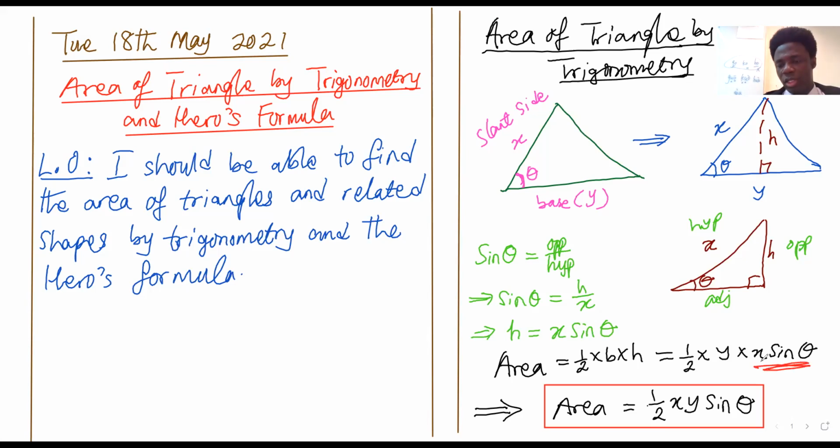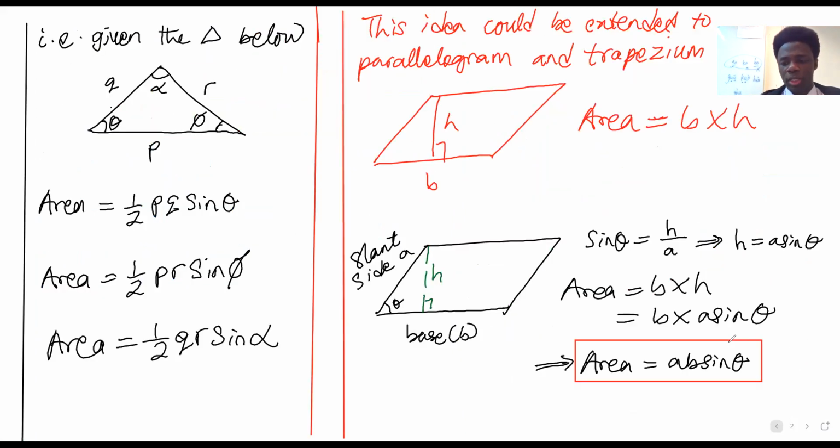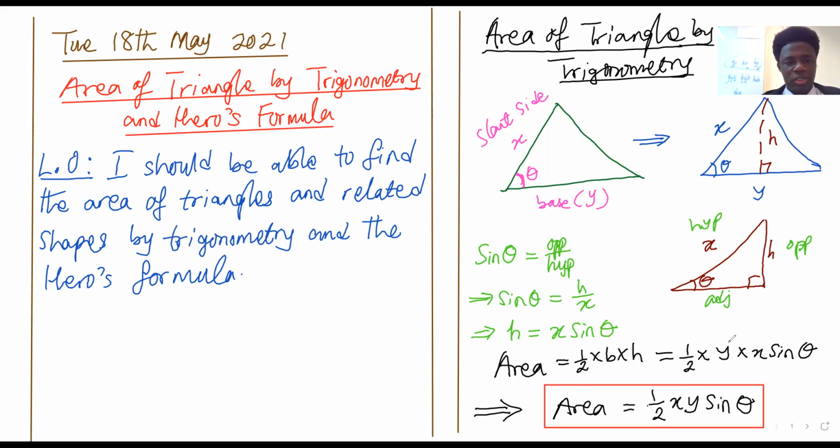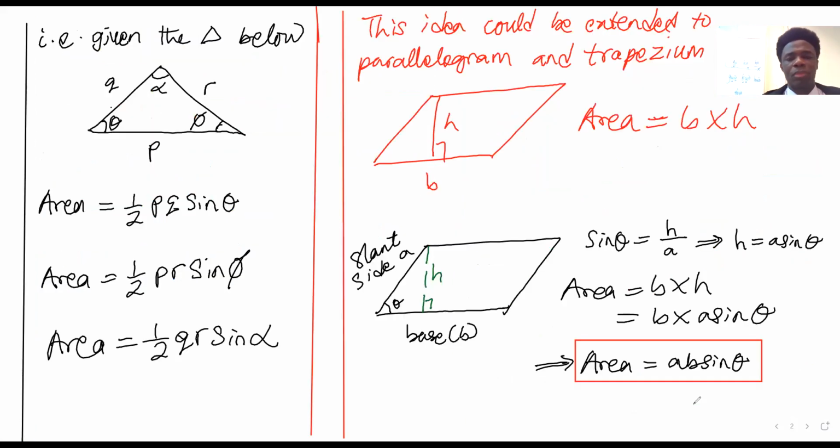Here you have x sine theta. So it is the product of the sides and half of the product of the side sine theta. Normally it should be half base times height. So instead of base times height, you have the product of the two sides and the sine of the angle.